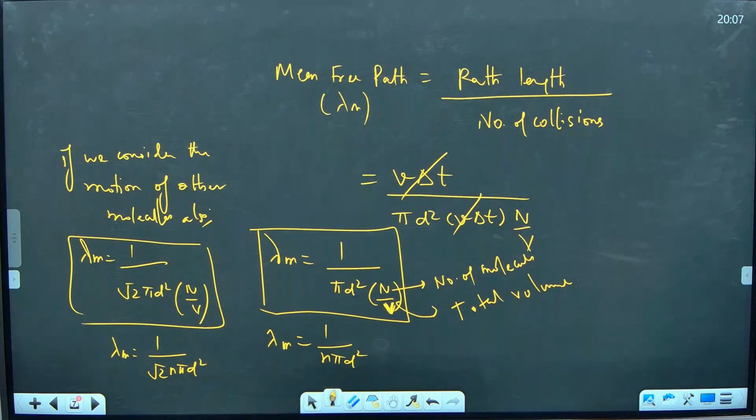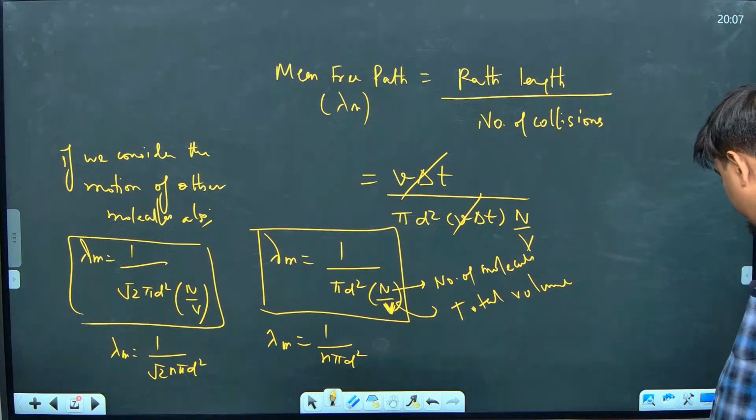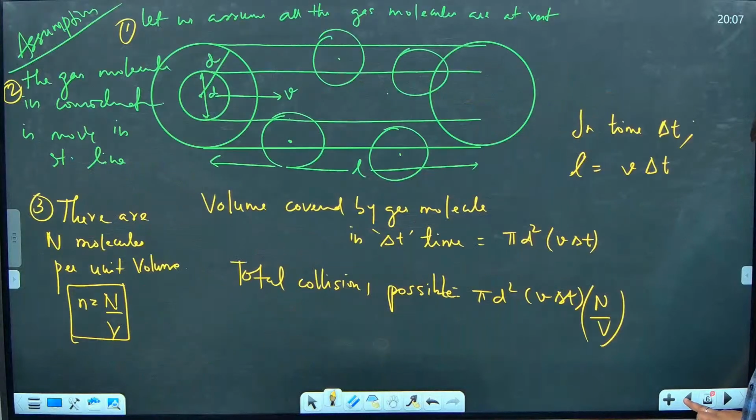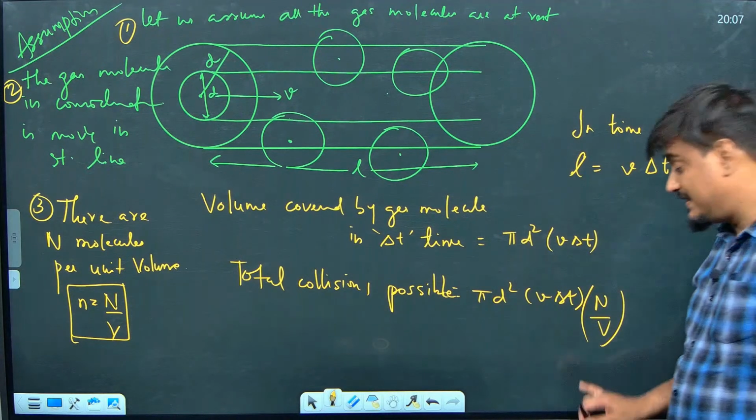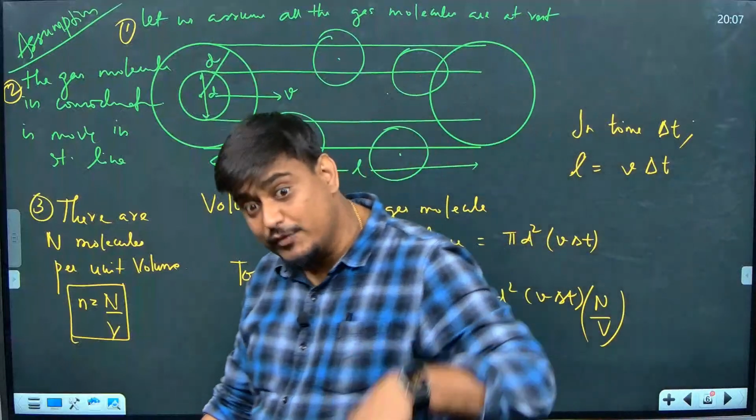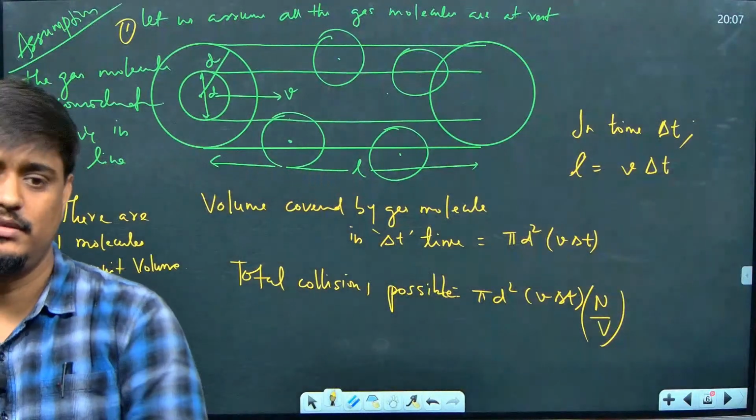Pi d square into V delta t into n by V. So pi d square V delta t is nothing but volume, right? This is number of particles per unit volume, not volume covered.